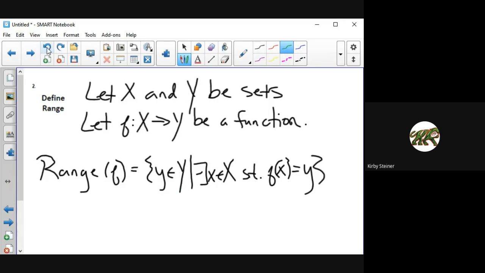let's match the colors. y in Y is the y values or outputs.